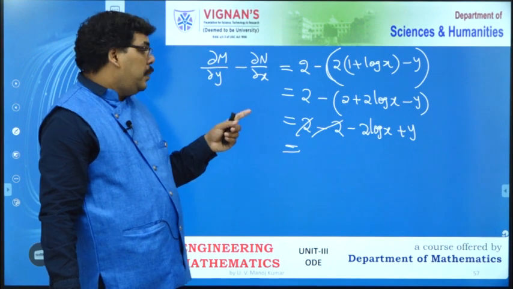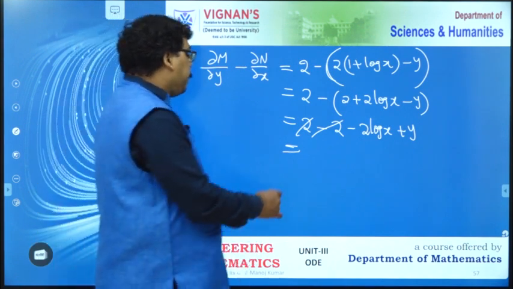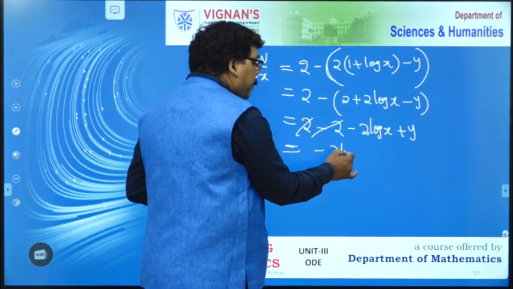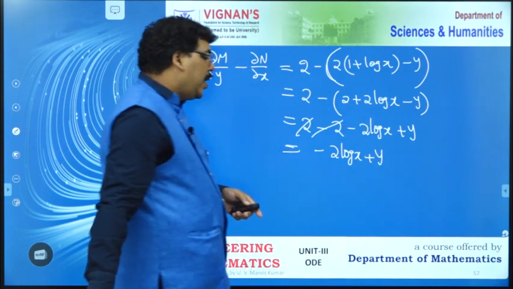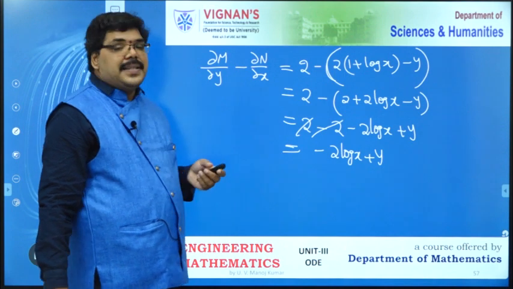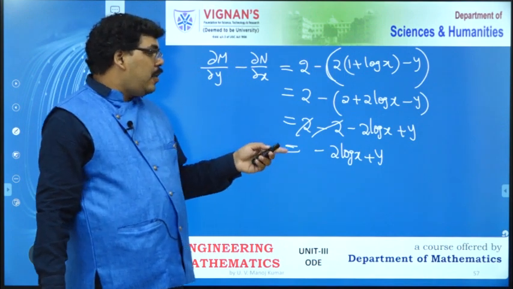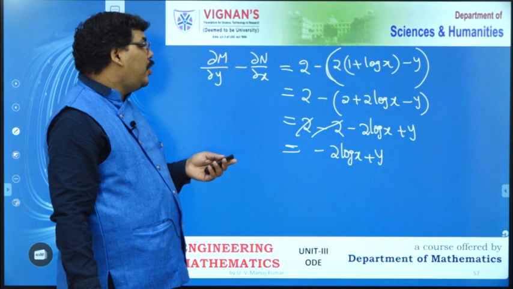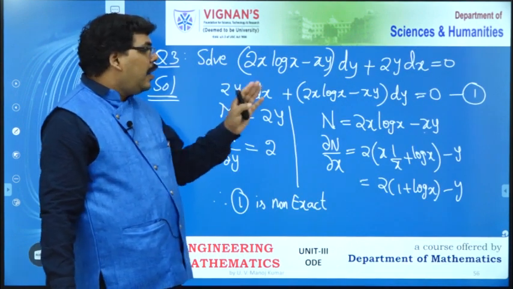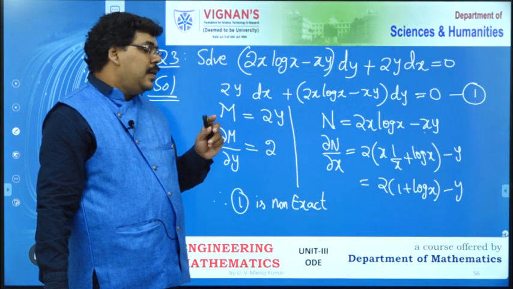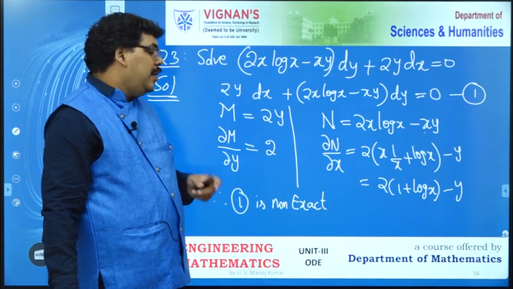What remains? Minus 2 log x plus y. Now this difference, minus 2 log x plus y, I want to divide either with m or with n.